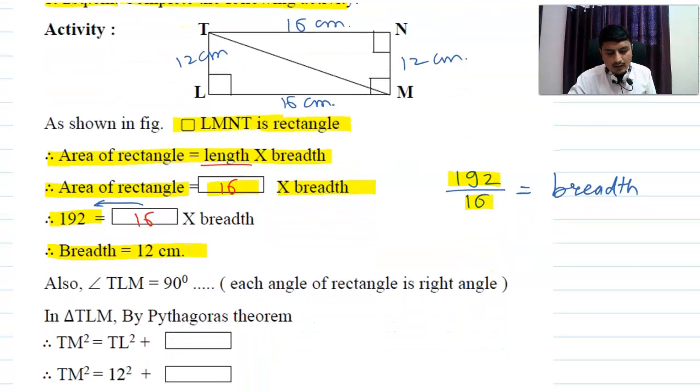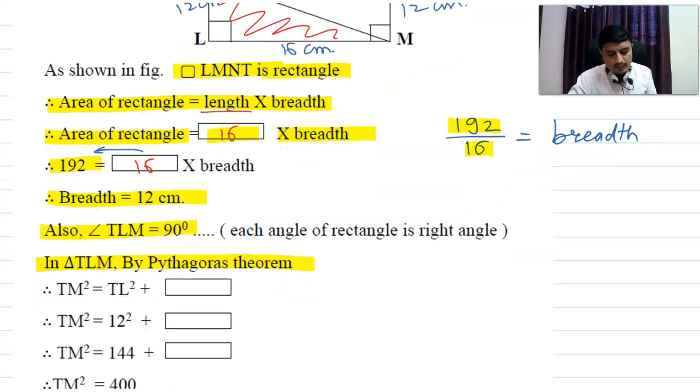Look at the next step. We also have angle TLM equal to 90 degrees. Considering the triangle TLM, the red shaded triangle, it has angle TLM equal to 90 degrees. By using the Pythagoras theorem, TM square, that means the hypotenuse square, is equal to TL square plus LM square. Replacing by their values, TL is 12 so 12 square, and LM is 16 so 16 square.